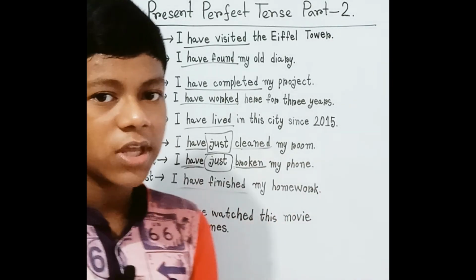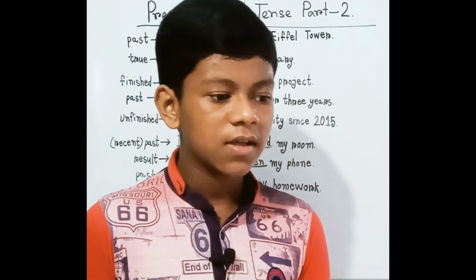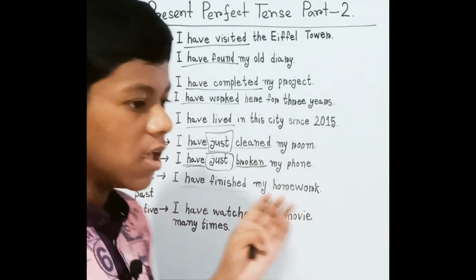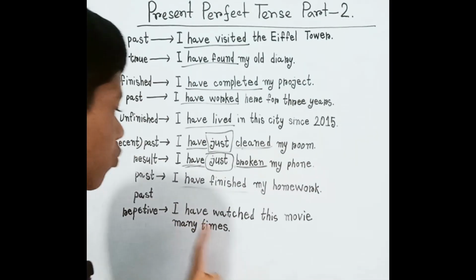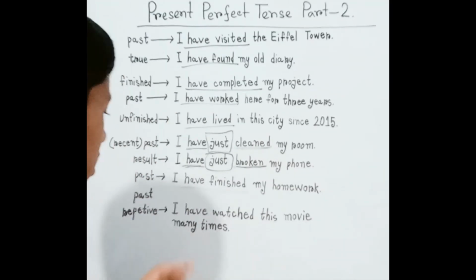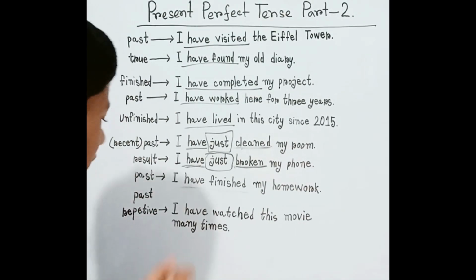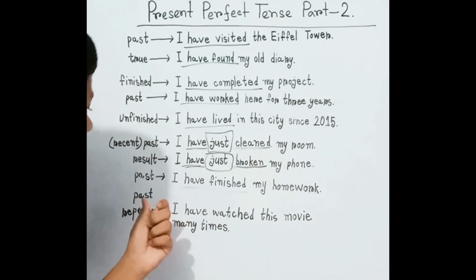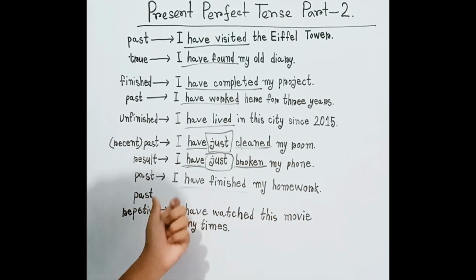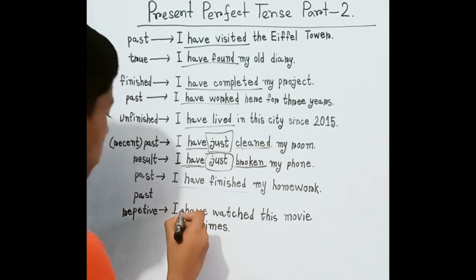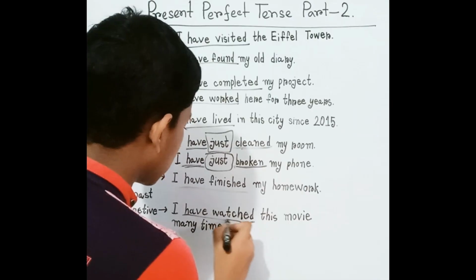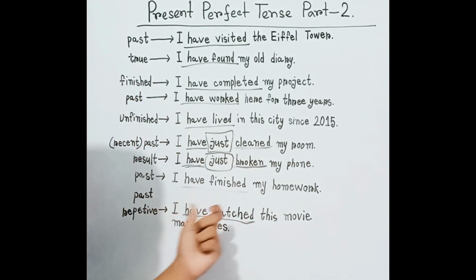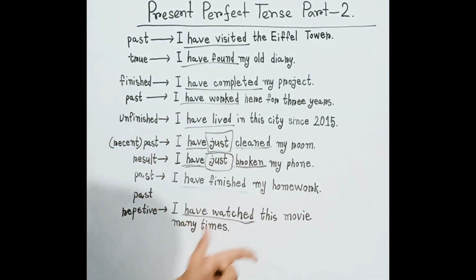If anybody asks you, John, let's go to see some K-drama movies, on that occasion you can say, hey, I don't want to watch this movie that you were showing to me. I have watched this movie many times. So here we can also use this tense.